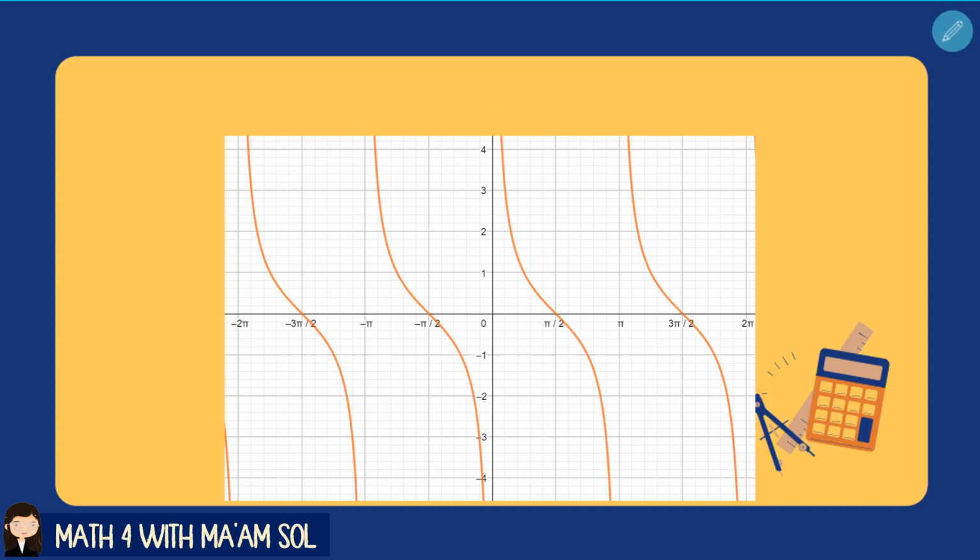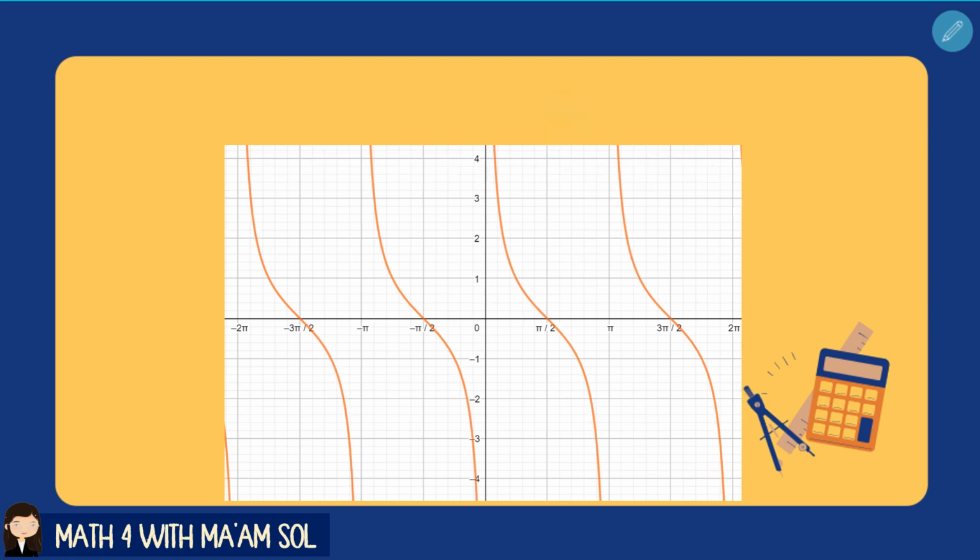As you see in the graph, the domain of the cotangent function is the set of all real numbers except integral multiples of pi. At such values, the function is not defined. Like its reciprocal function, the range of the cotangent function is also the set of real numbers. Similarly, the period of the cotangent function is pi.